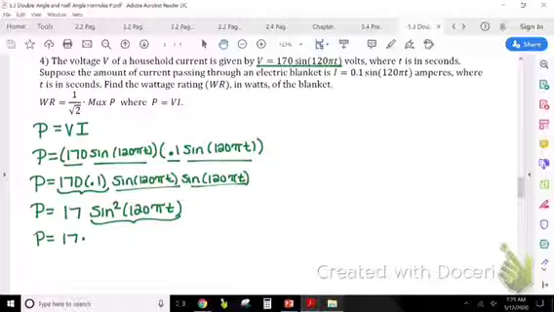Where you have sine squared, it tells you that it is 1 minus cosine of 2 times the angle all over 2. Well, what is my angle here? What is my x in this problem? Yeah, the 120 pi t.